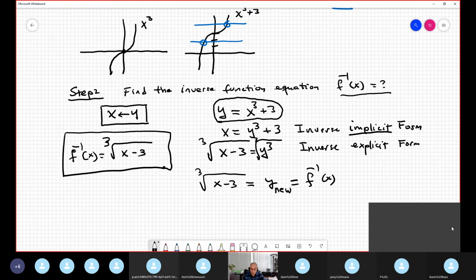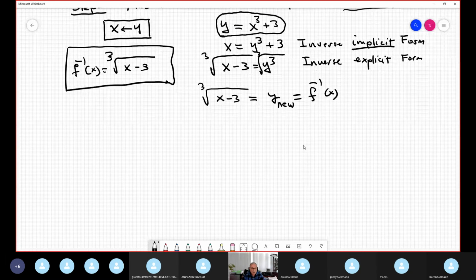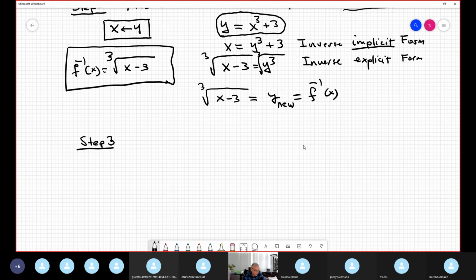However, I propose you now verification. Step 3 is verification that everything is okay or no. Okay, it's the checking part, si es inverse. How do you check the equation? Well, you form a composition.